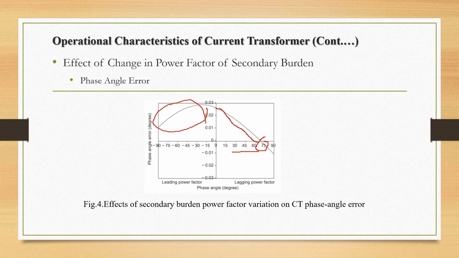For a lagging power factor circuit, that means an inductive circuit, it will have a positive value up to a certain value, and after crossing that value it will go to the negative portion. So this is the effect of secondary burden power factor variation on CT phase angle error.